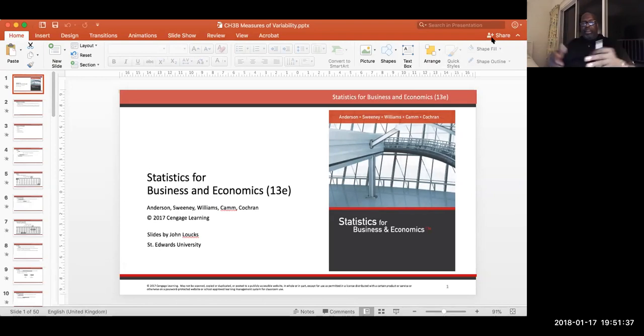Are they very variable? For example, if I have numbers like 1, 2, 2, 2, 3, 4, maybe that's not very spread out. But if I have numbers like 1, 7, 13, 54, 95, those numbers are very spread out. So there's a lot more variability in that second data set than the first one.